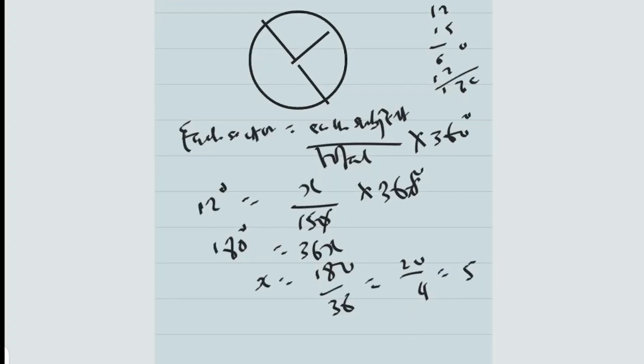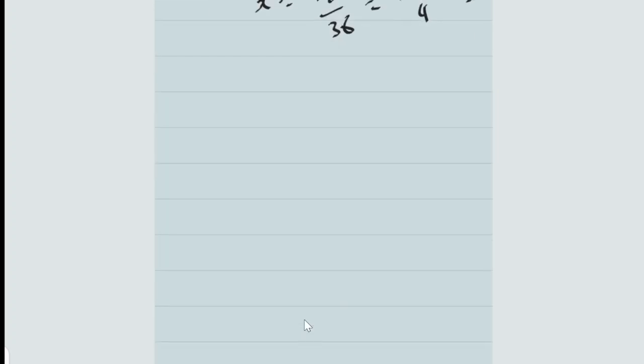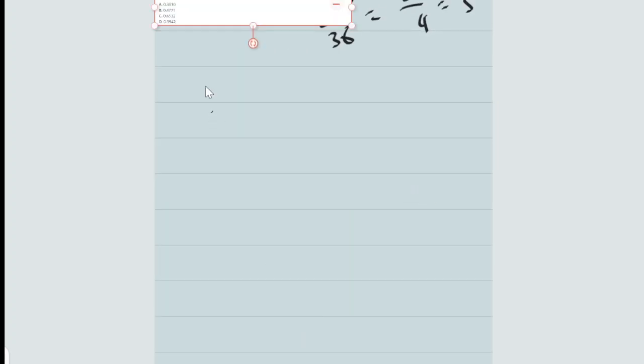Okay, another question. This question is on logarithm. You can see logarithm also came out in the last video. In fact, I wrote some of the rules of logarithm. You might want to refer to them. Okay, let me just copy the question here.